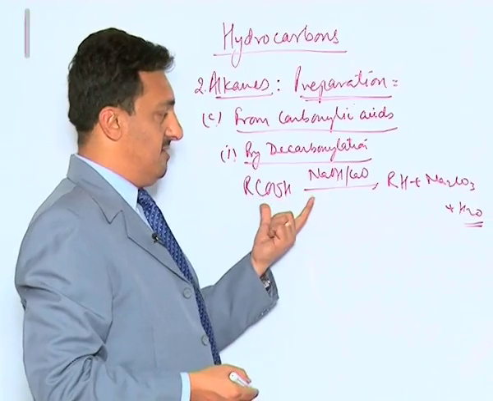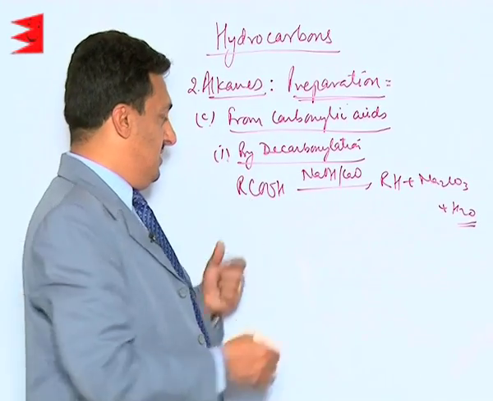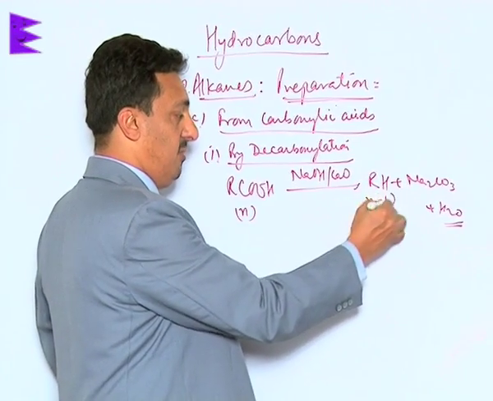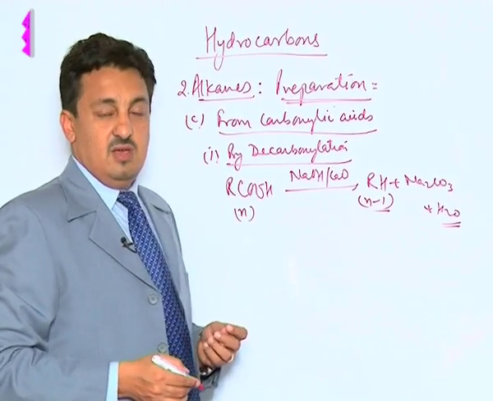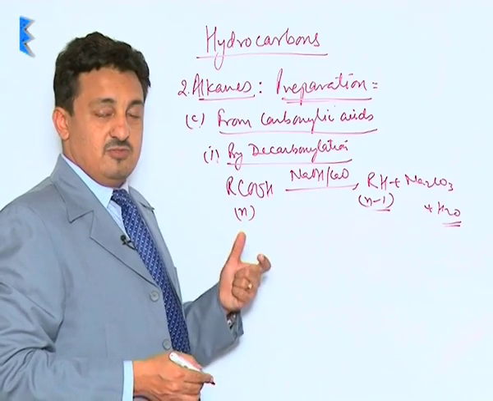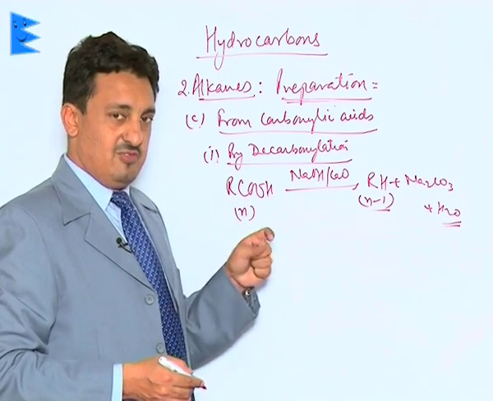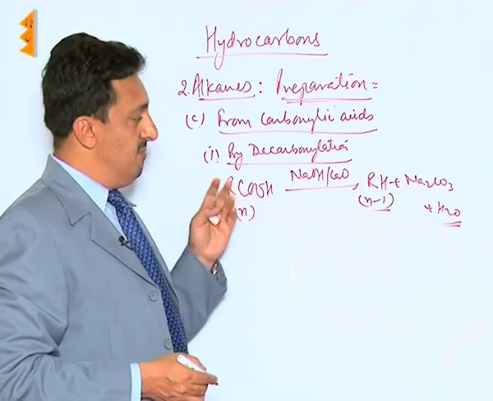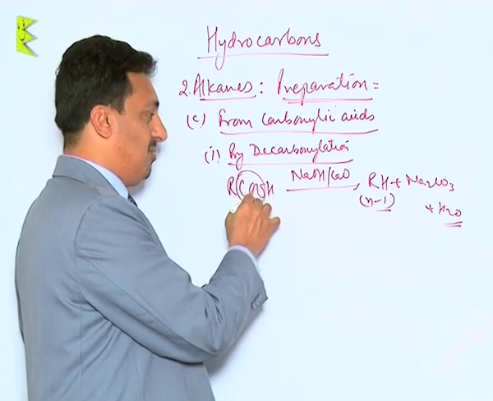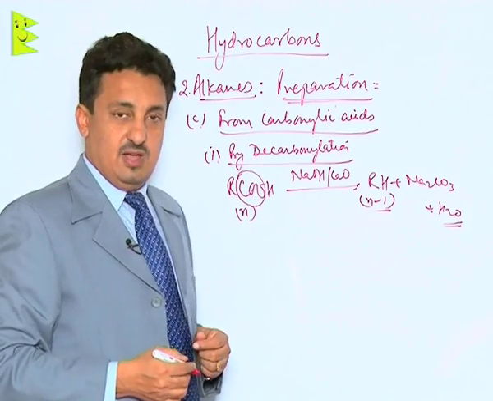So this is the main thing which we must note, that if the acid has n number of carbon atoms, the alkane formed has n minus 1 number of carbon atoms. So it's a step down process. One of the most important processes to decrease the number of carbons, because the carbon in the form of the carboxylic group is lost in the form of carbonate ion.